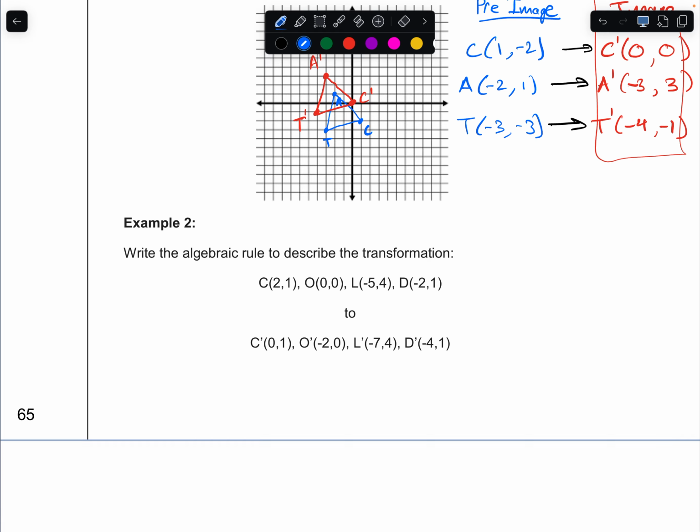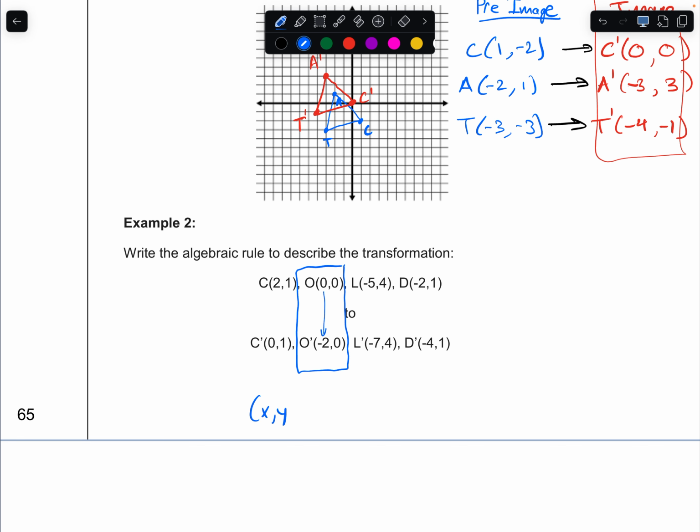So whatever we're adding to the X coordinate and the Y coordinate should be the same to get C to C prime, O to O prime, L to L prime, and D to D prime, right? I'm just going to look at one of these points, and you can verify with the rest of them. I'm going to pick out point O because I like working with zeros. They're nice. What do I have to do to the x-coordinate of 0 to get an x-coordinate of -2, well, I have to subtract 2.